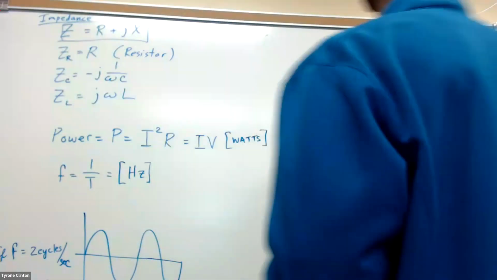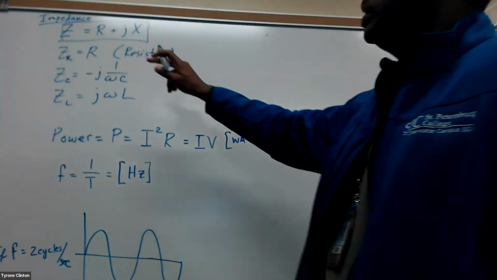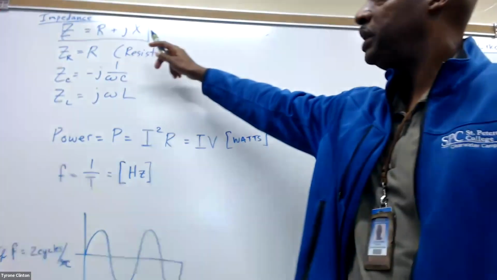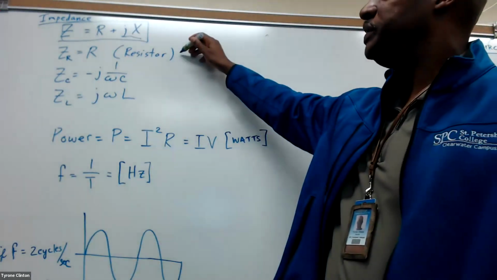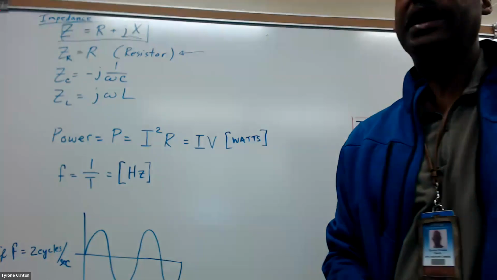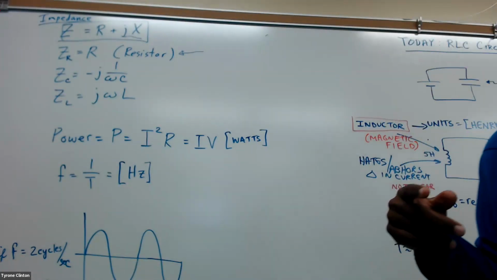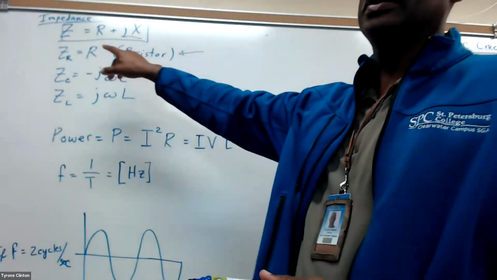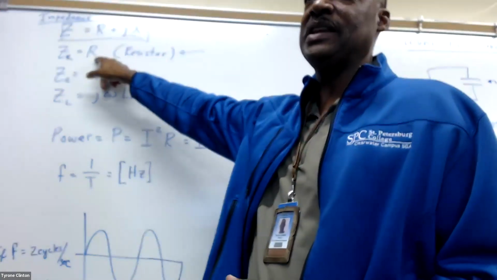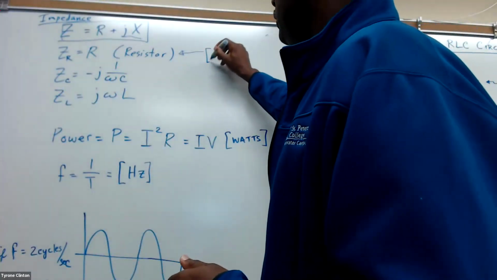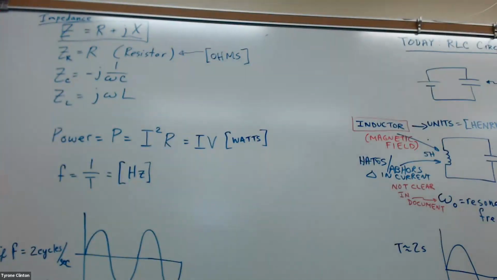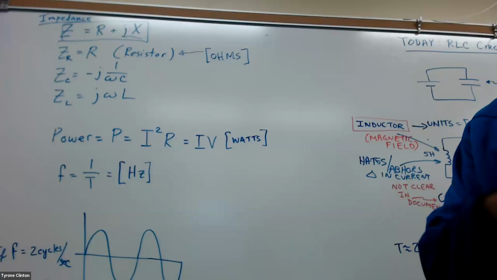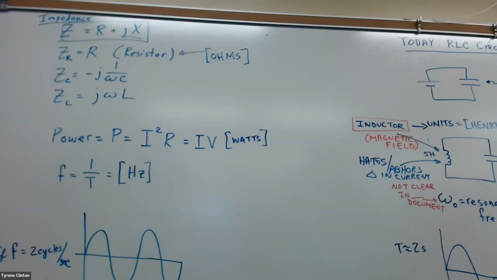So the impedance component is a resistance plus some reactance. If we have a resistor in an AC circuit, it could just be said that its resistance is the same as its impedance, and the units here are still in ohms, right? So a resistor in an AC circuit has an impedance, and the impedance still is measured in ohms.